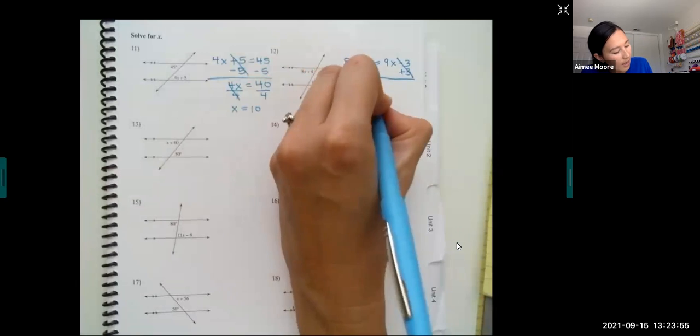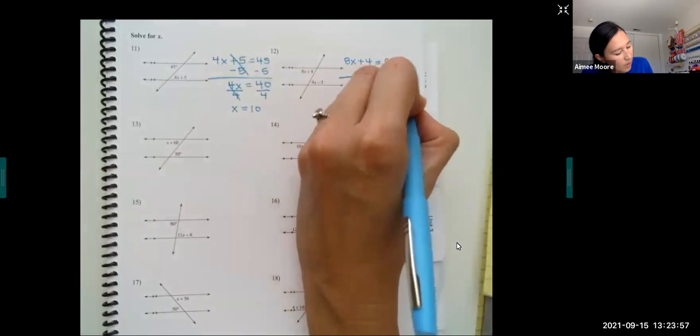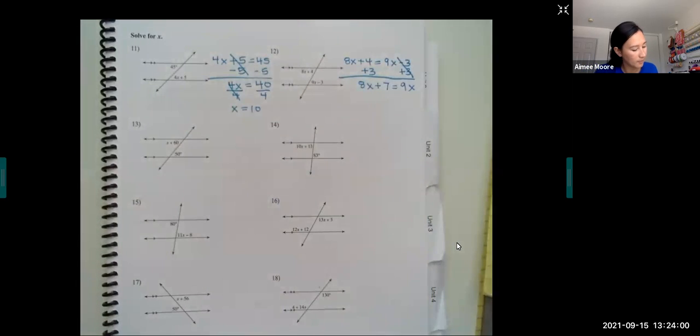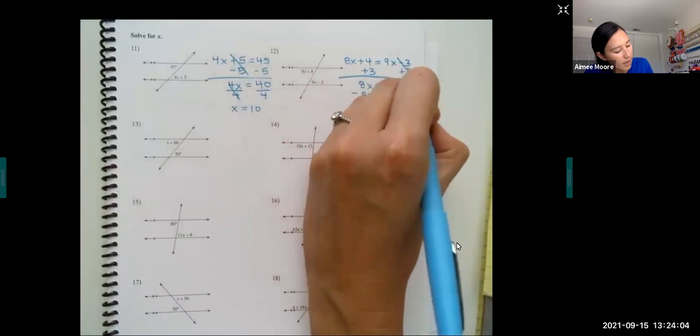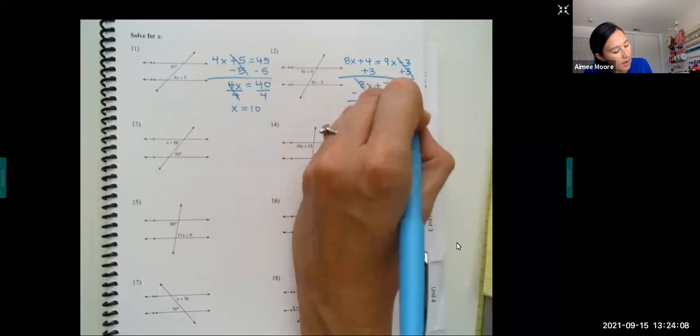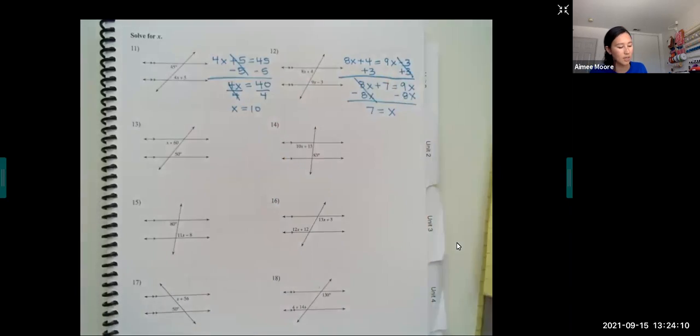Then we have 8x plus 7 equals 9x. Then we subtract 8x from both sides, leaving us with 7 equals 9x minus 8x, which is just x. So x equals 7.